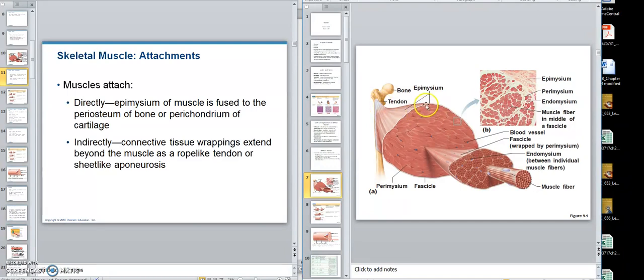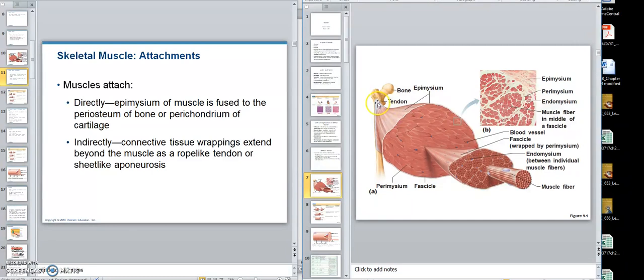Now, this here is a round muscle, so this is a round connection we call a tendon. If this was a flat muscle, where's a flat muscle? Feel your forehead. Your forehead has the frontalis muscle. It's flat, and it would attach to a flat bone, which is your skull, your frontal bone.